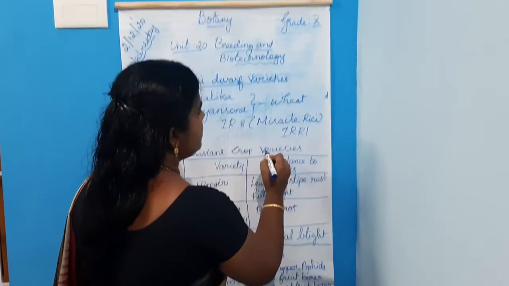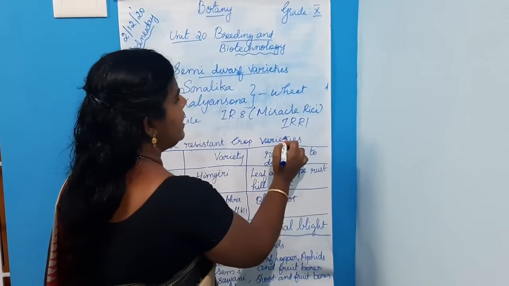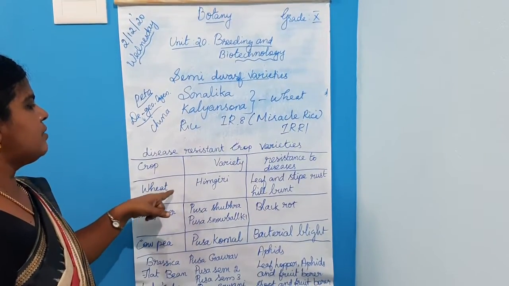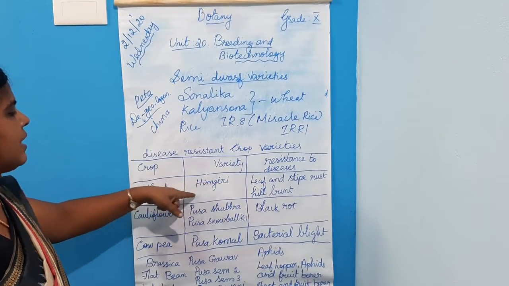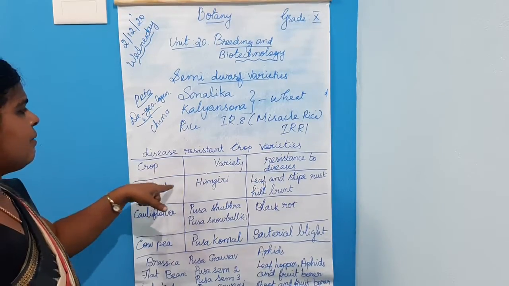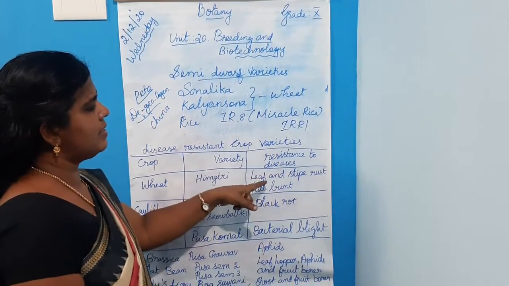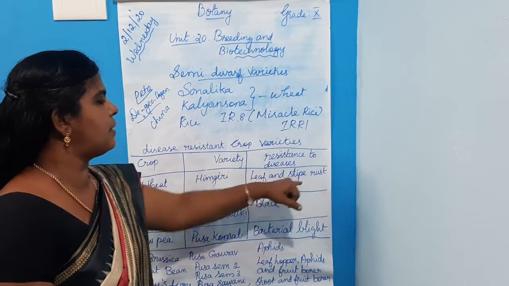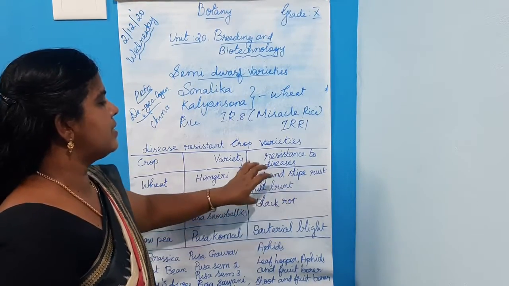Disease-resistant crop varieties are developed by plant breeding technology. First, the crop plant wheat. The Himgiri variety of wheat possesses resistance against the diseases leaf and stripe rust, hill bunt diseases.